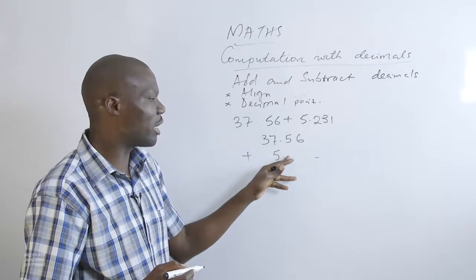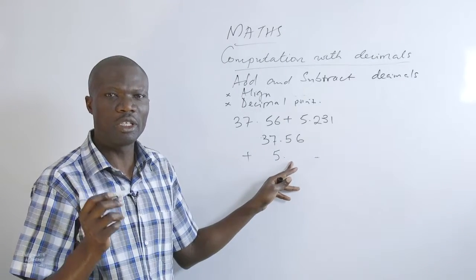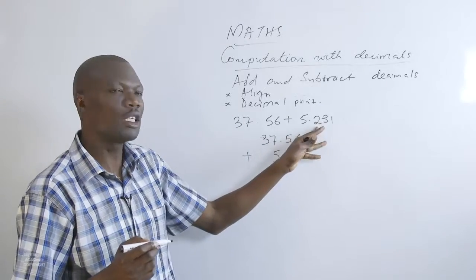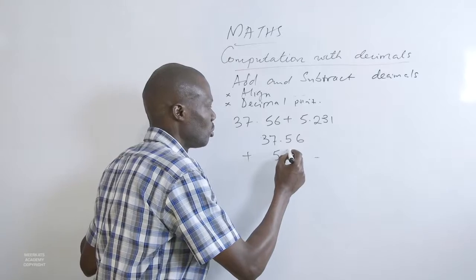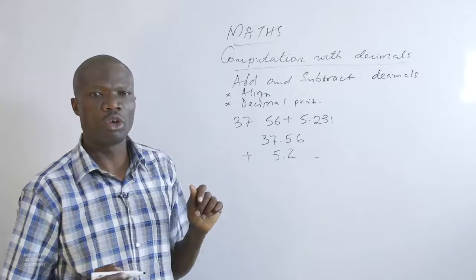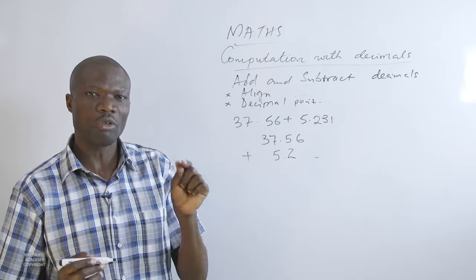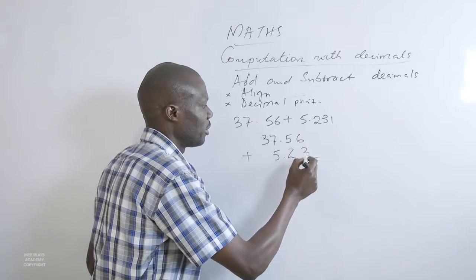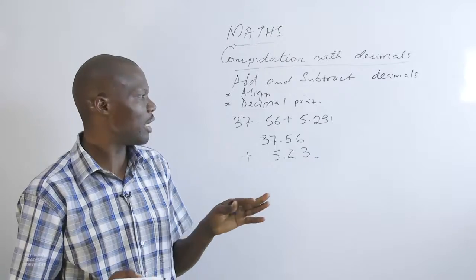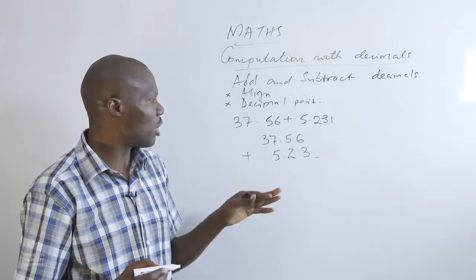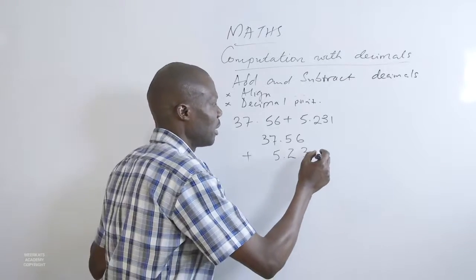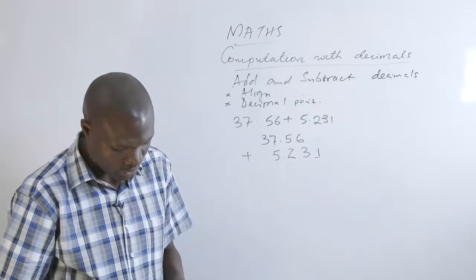And then followed by what comes here is a digit that represents a tenth, and in this case, it is 2. Followed by the digit in the column of hundredths, and in this case, it is 3. And finally, the digit in the place value of thousandths, and in this case, it is 1.